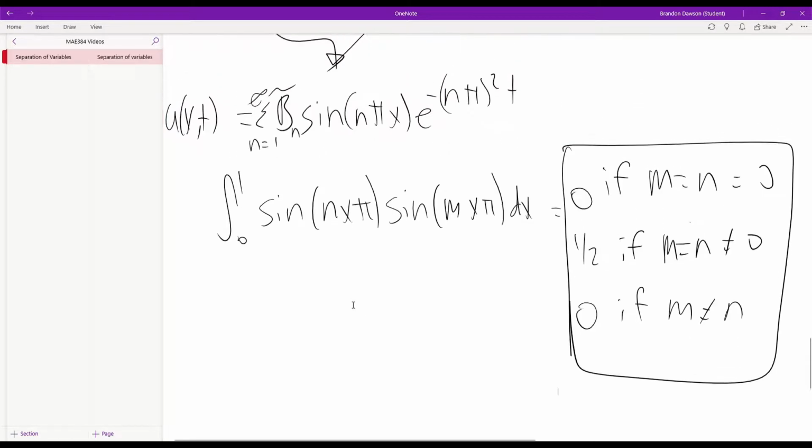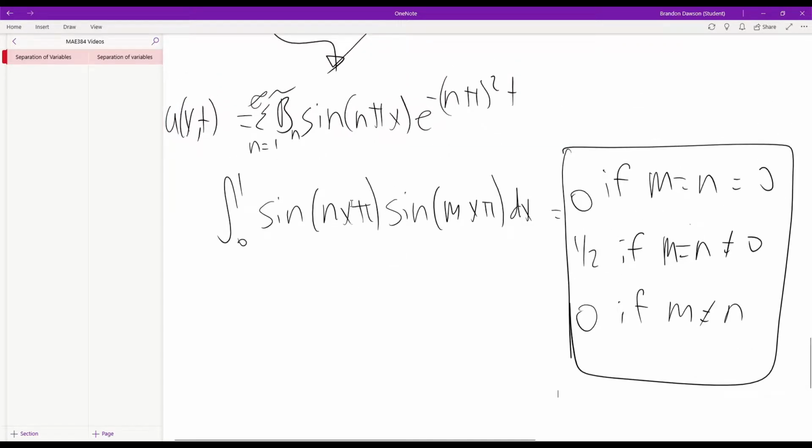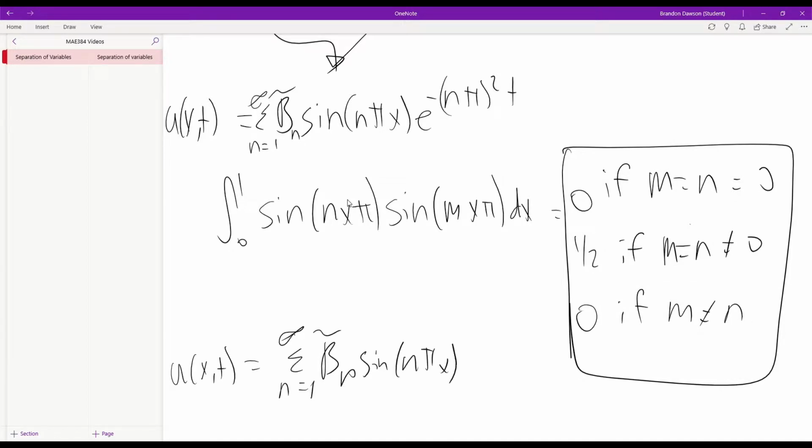So if we look back at our other problem, we have u of x,t is equal to the sum from n equals 1 to infinity of b n sine n pi x e to the negative n pi squared t.